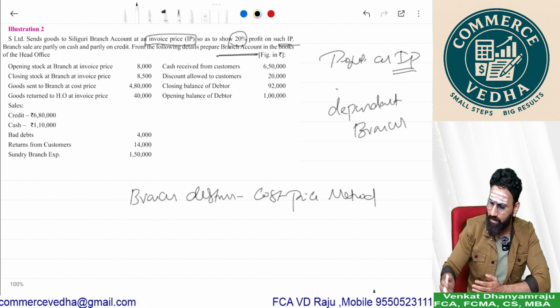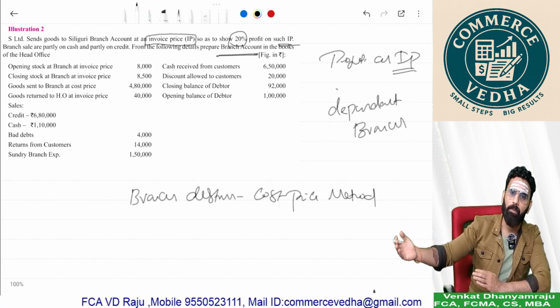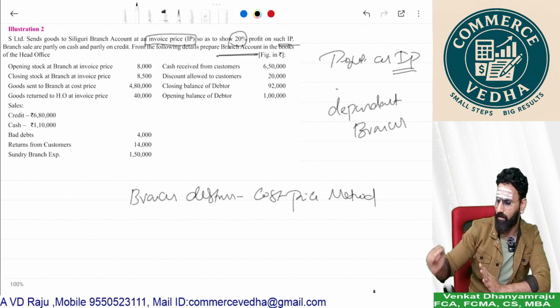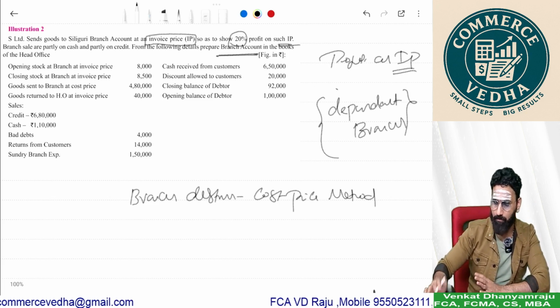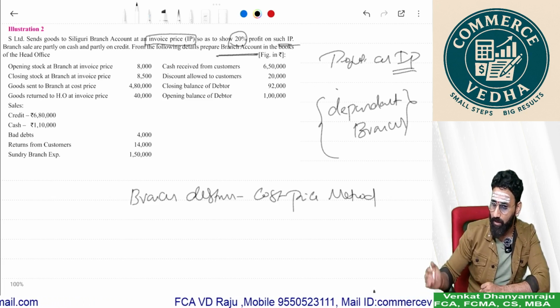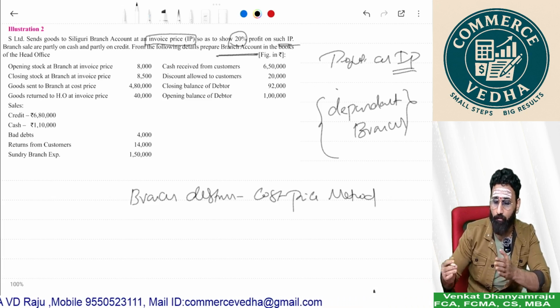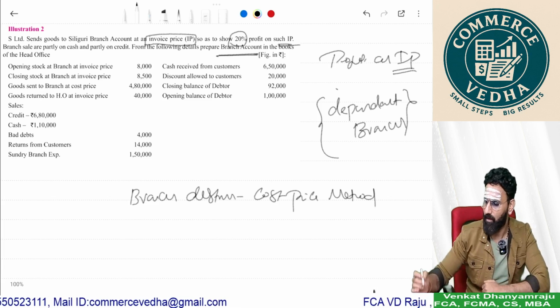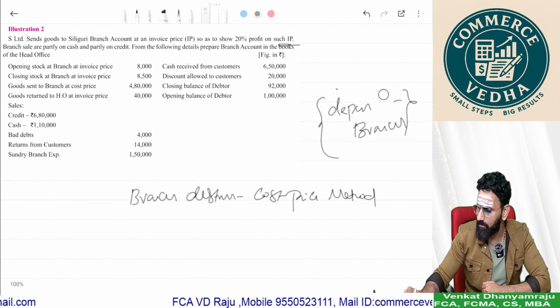As goods are sent to branch at invoice price, branch is selling that and sending the money back to the head office. So it shows the relation is a dependent branch. So this sum we should do using the invoice price method for dependent branches. Now let us start the solution.